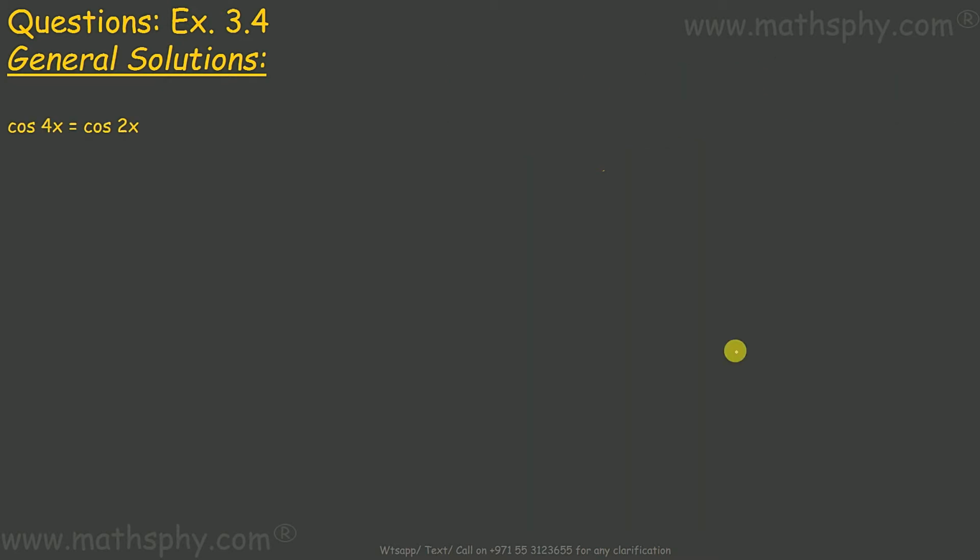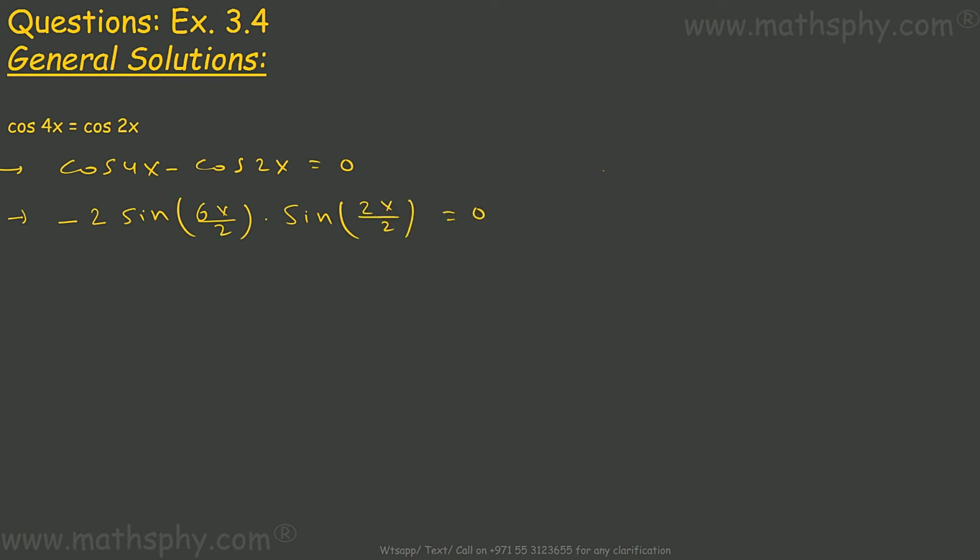Alright. This one says for this equation we need to find the general solution. Can I write it as cos 4x minus cos 2x equals 0? Now this is in the format of cos x minus cos y, which is minus 2 sine of (x plus y) over 2 into sine of (x minus y) over 2. So 4x plus 2x over 2 means 6x over 2, into sine of 4x minus 2x over 2, equals 0.